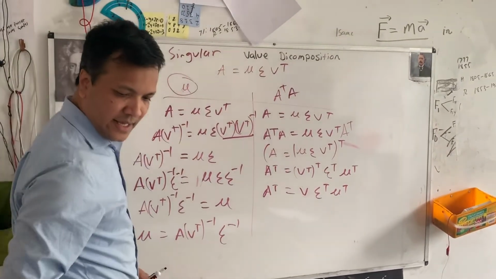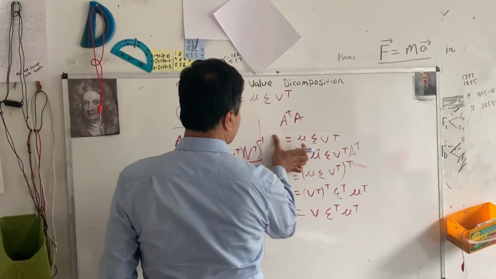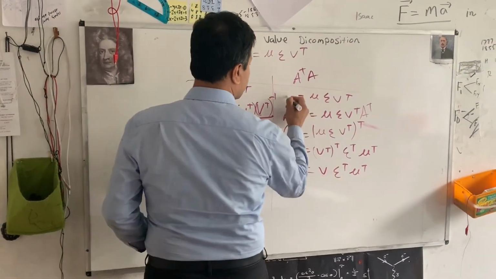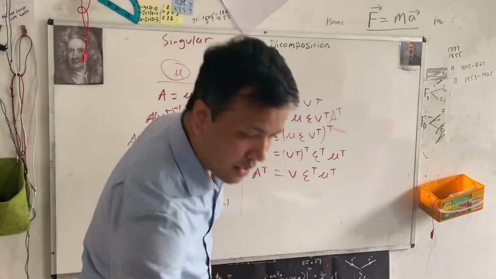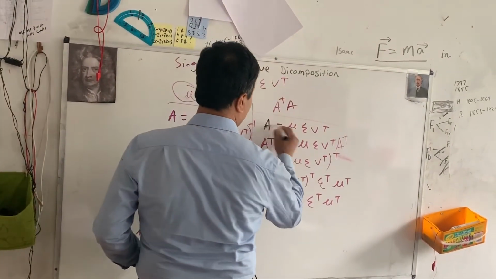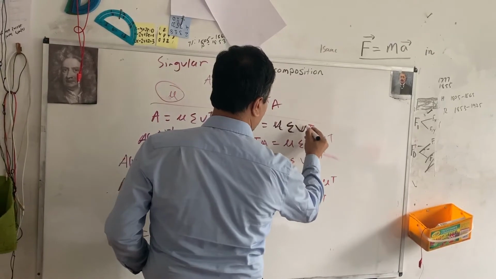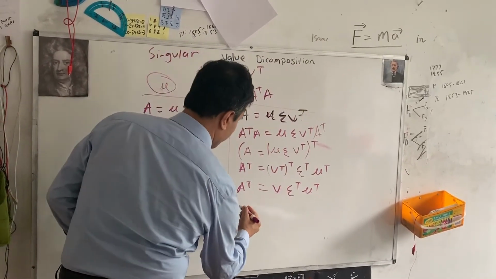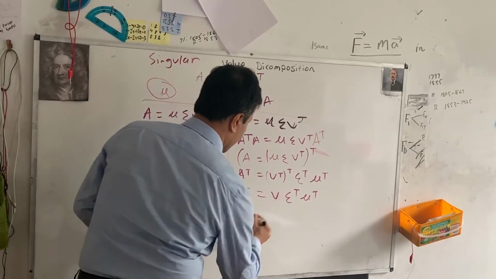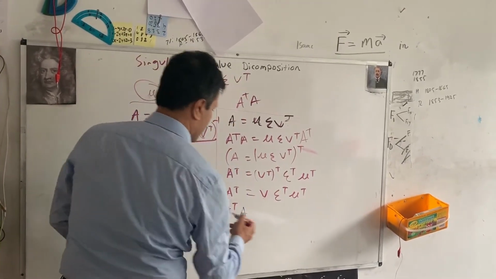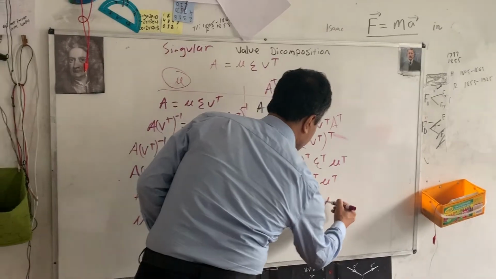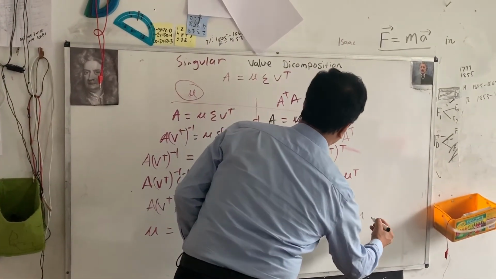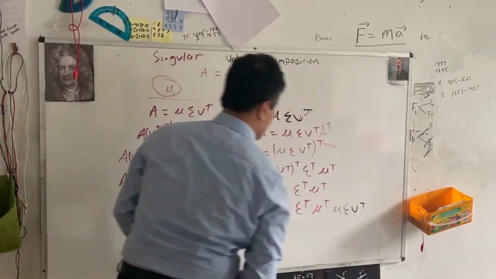Now I'm going to write A. Don't forget what my A is. My A is mu sigma V transpose. So I'm going to write A over here: V sigma transpose mu transpose times mu sigma V transpose.